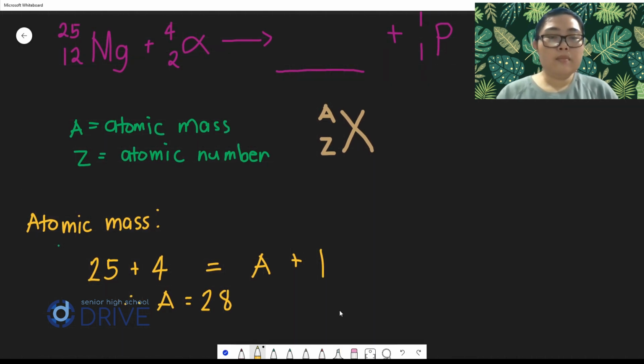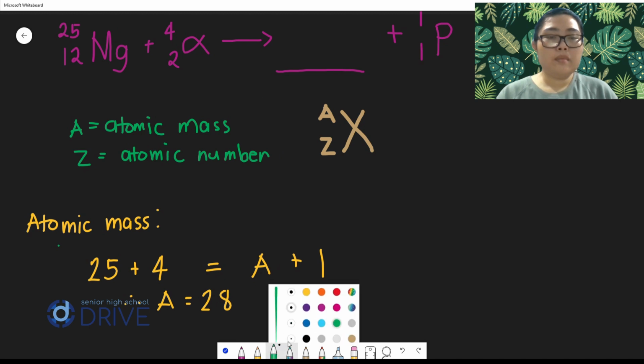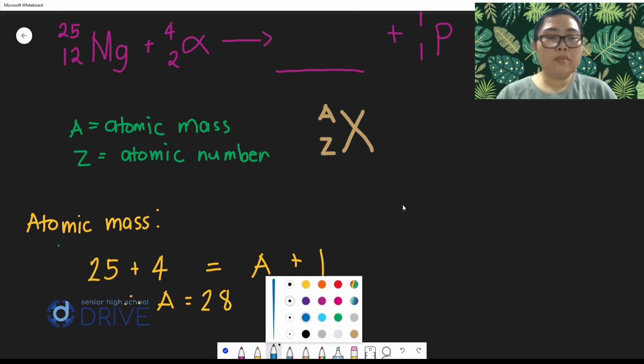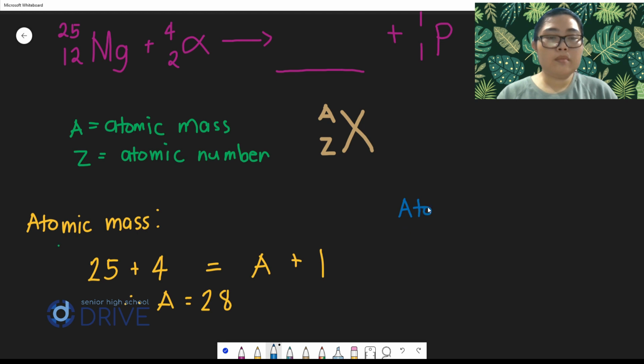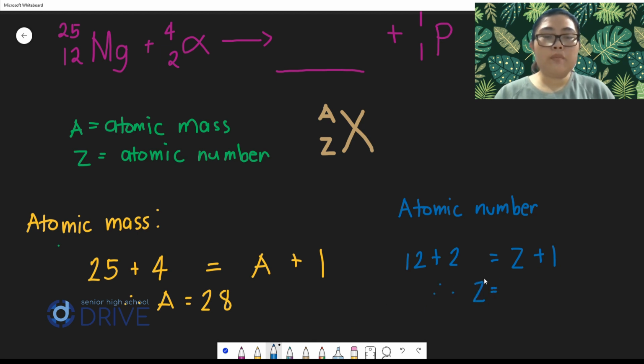A is equal to 28. Okay? Now let's go to the atomic number. The atomic number, that's 12 plus 2 equals Z plus 1.